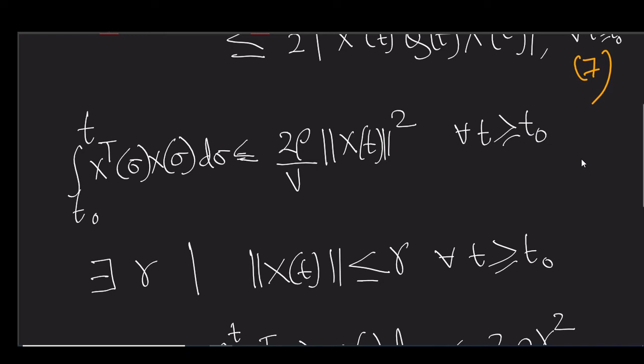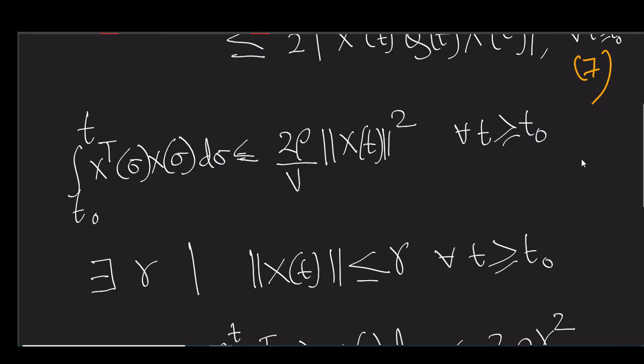We can prove it by showing that xt itself will become unbounded. So what we are actually doing is showing that it is a contradiction of our argument.